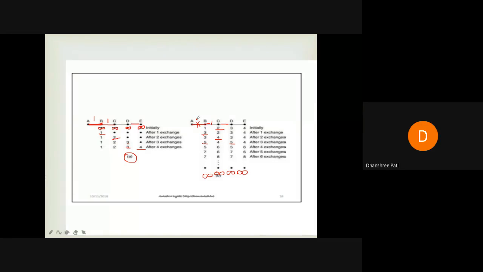This information is only with B, because B is the immediate neighbor of A, and it is not shared with C, D, and E. Initially they have the values 1, 2, 3, and 4. But if the connection is lost, B understands that it cannot reach A directly. But B sees that C is reaching A. So what will B do? B will see these two and update this to 3, that is 2 of C plus this one hop to reach C.